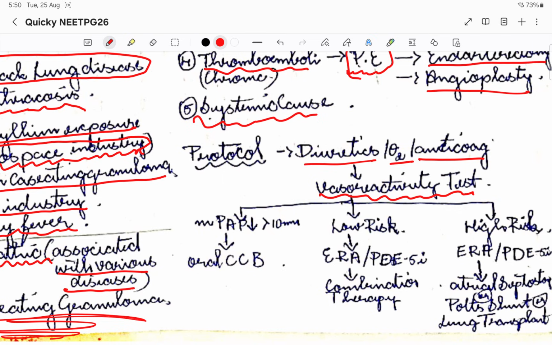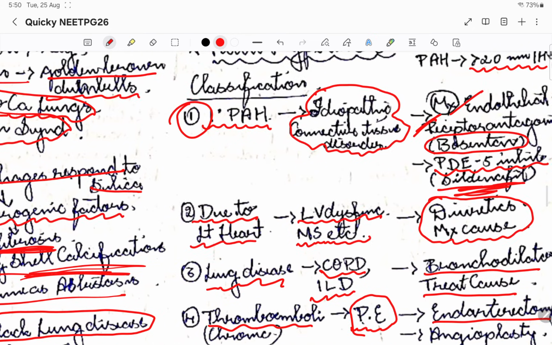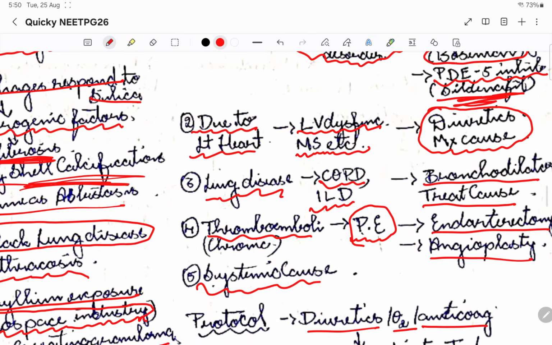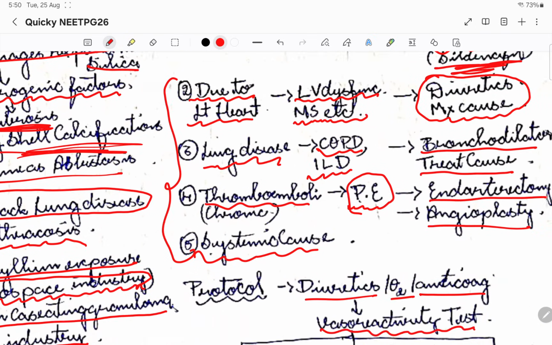Or else we are going to go for the underlying issues causing it, all the 2 to 5 we discussed, right? Group 1 is basically pulmonary arterial hypertension because of an issue in the vessel, but for 2 to 5 we'll target the other underlying cause.